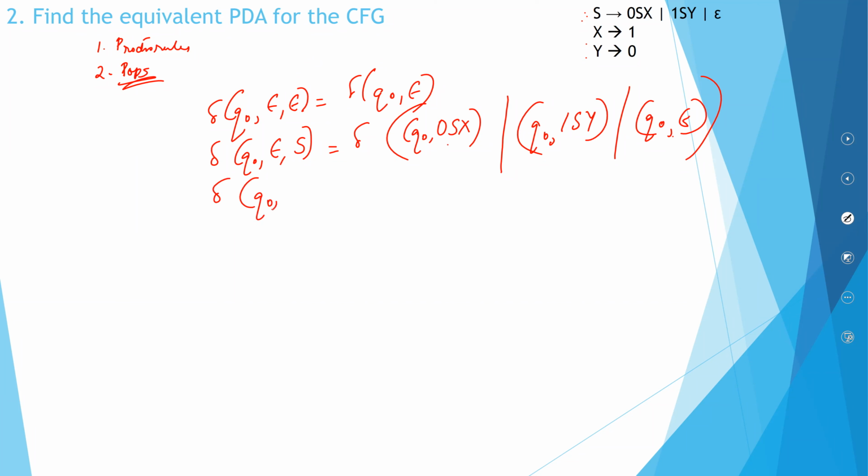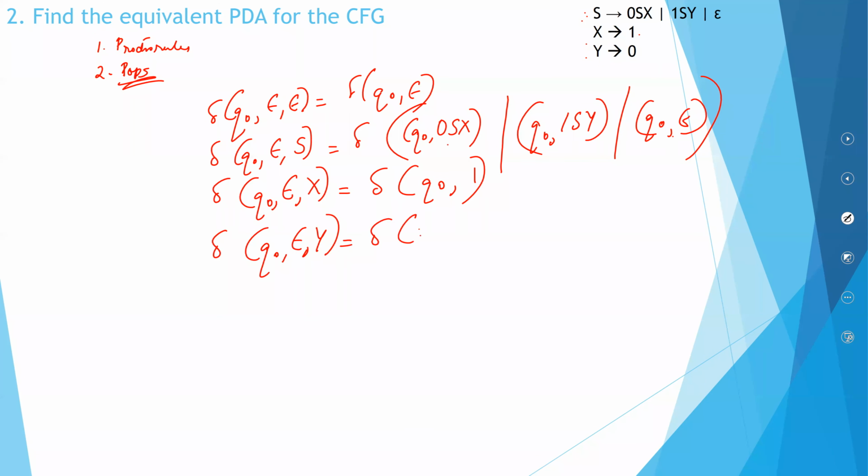The next is Q0 epsilon X equal to delta Q0. What is on my right hand side? 1. That's it. Okay. The third one is Q0 epsilon Y delta Q0 0.